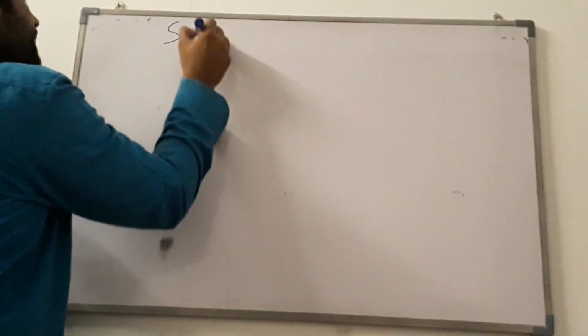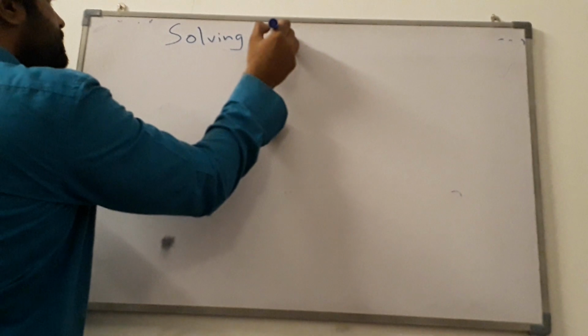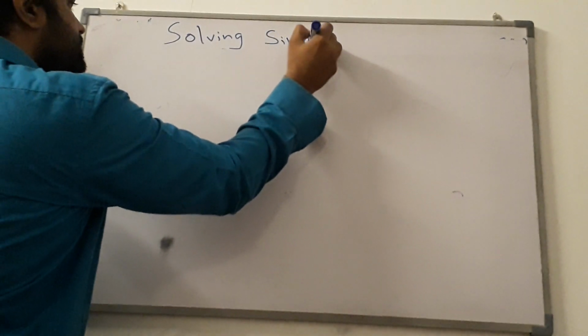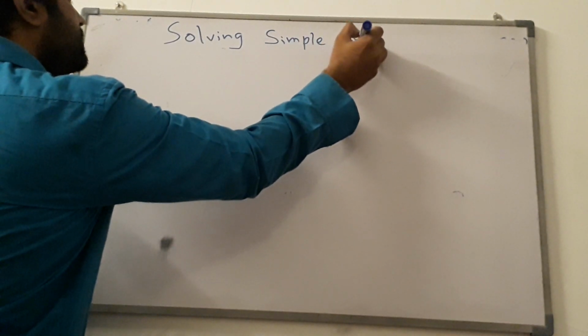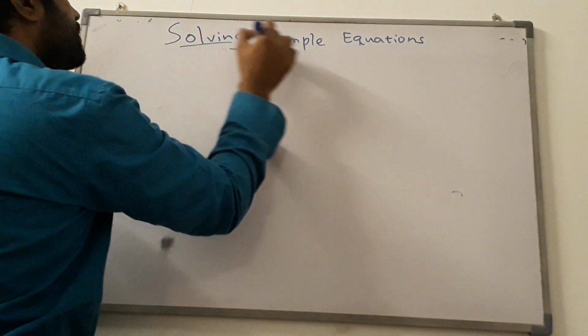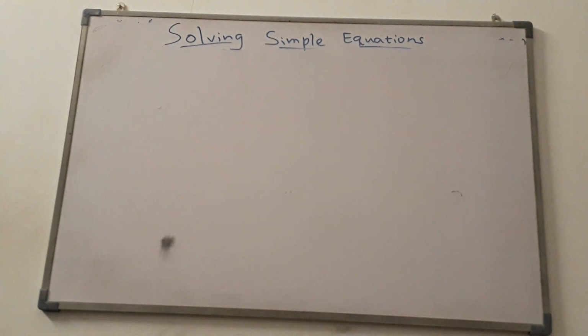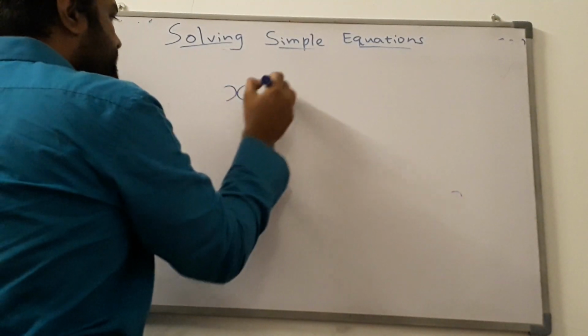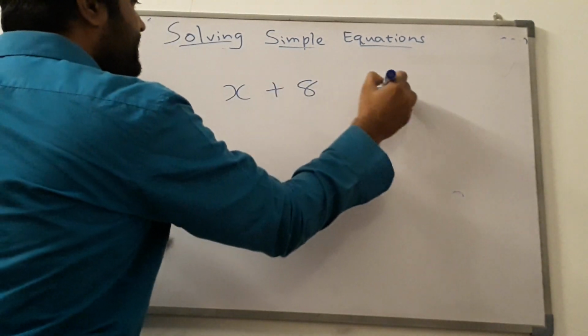Solving simple equations. Now suppose a sum like this: x plus 8 equals 10. When we are given a sum like this, we can assume something.